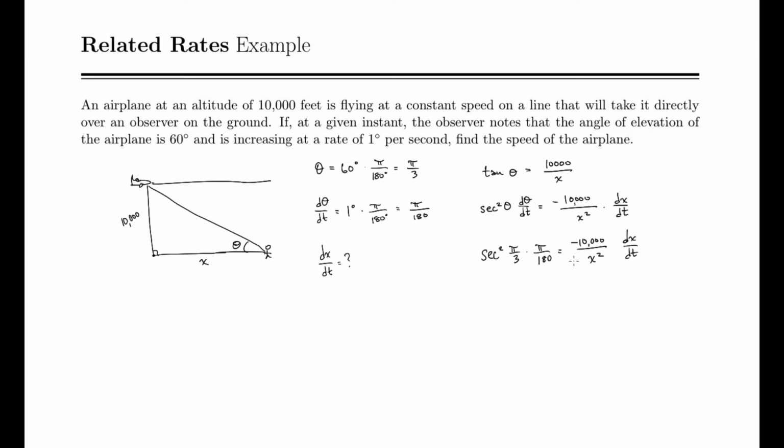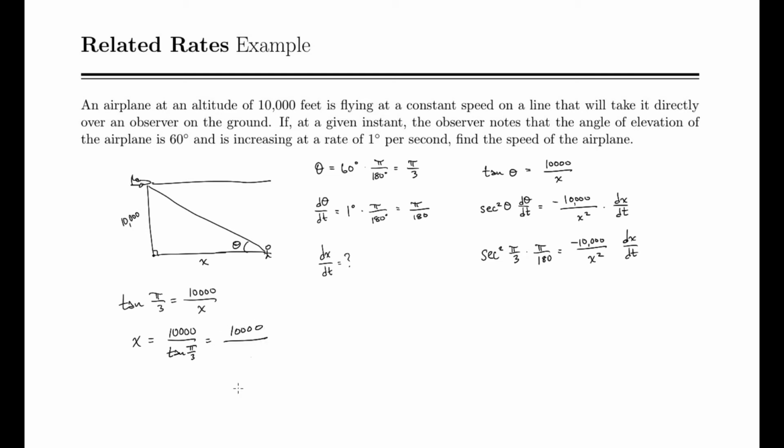We have this relationship that tangent theta equals 10,000 over x, and we happen to know theta. So we'll come over here and say, well, tangent of theta, which is pi over 3, equals 10,000 over x. Okay, so x is equal to 10,000 over tangent of pi over 3.